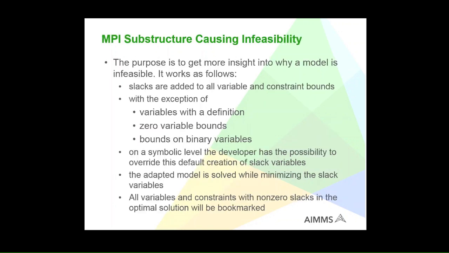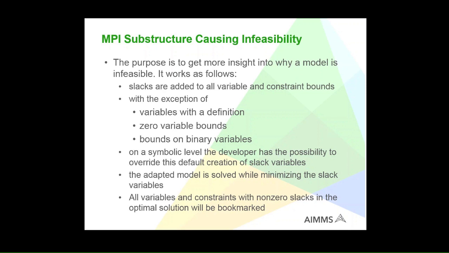But the main one that I often use is the MIP structure causing infeasibility. The purpose is to get more insight on why a model is infeasible. What it does underneath is add a slack, or violation, variable to all variable and constraint bounds, which means that at that point your model is no longer infeasible because every constraint becomes a soft constraint.